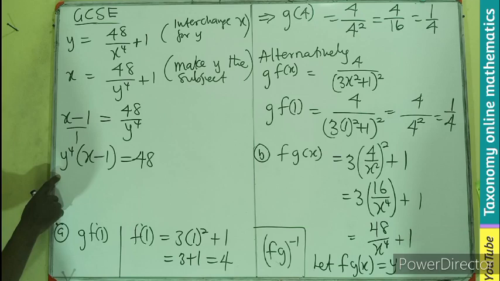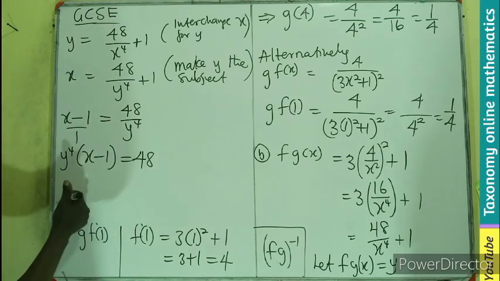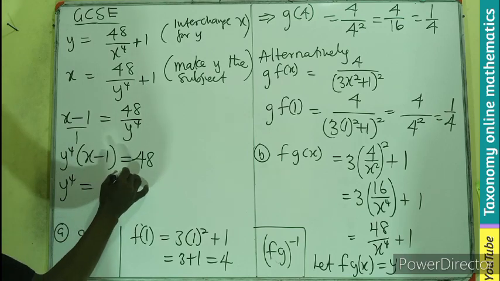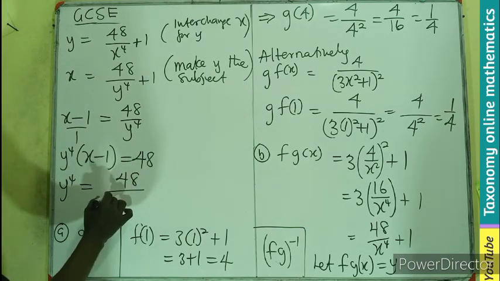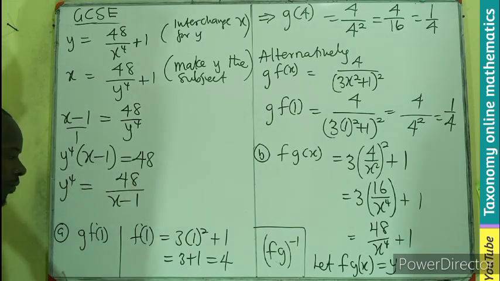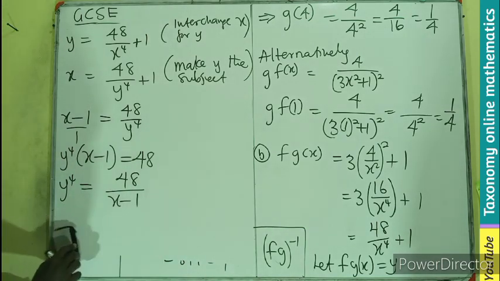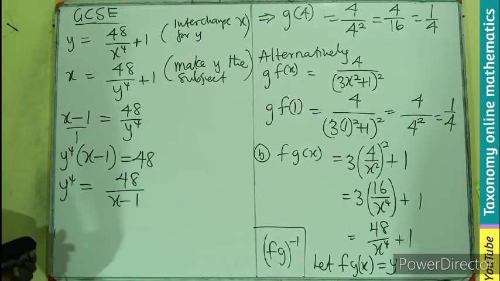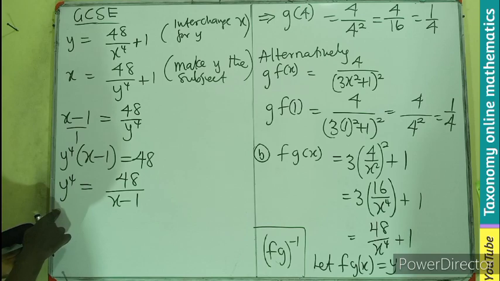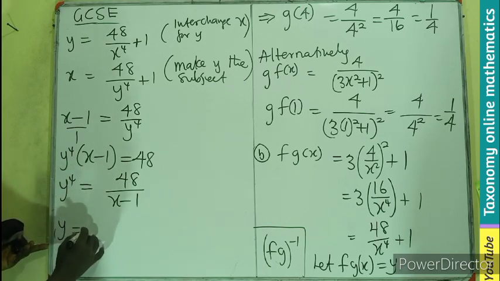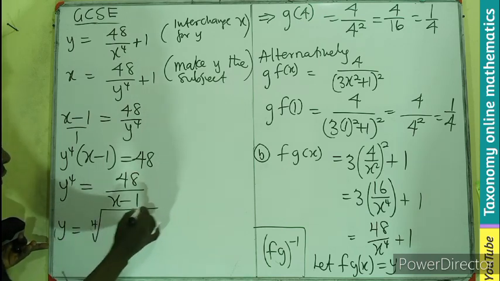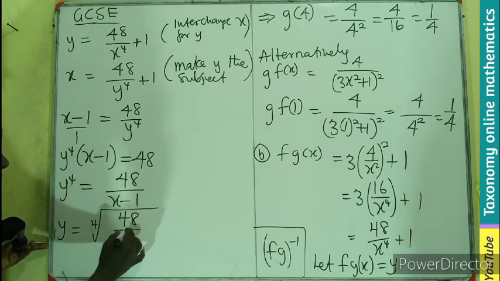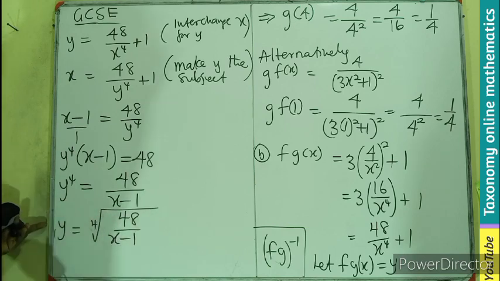Attention is on y, so we divide by this coefficient, meaning y to the power 4 will be equal to 48 divided by x minus 1. So y must be isolated, so we find the fourth root of both sides, meaning y will be equal to the fourth root of 48 divided by x minus 1.